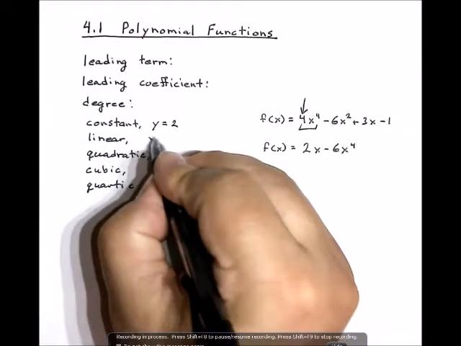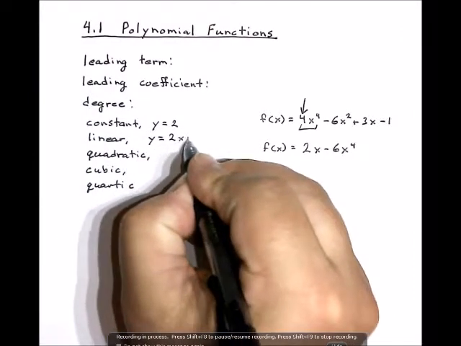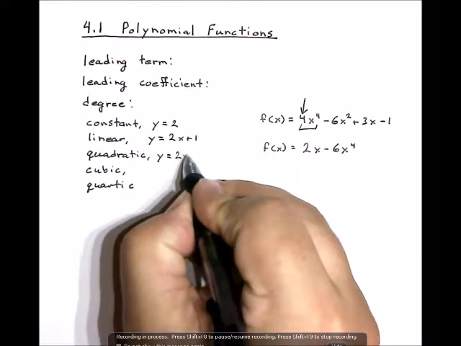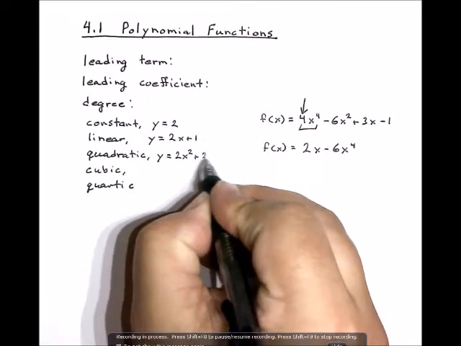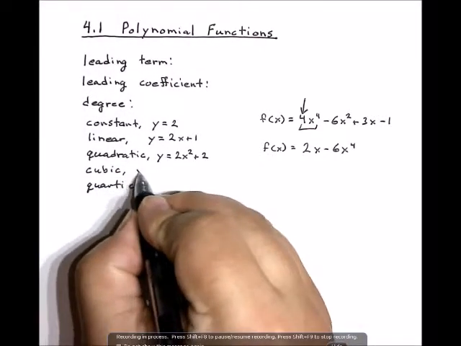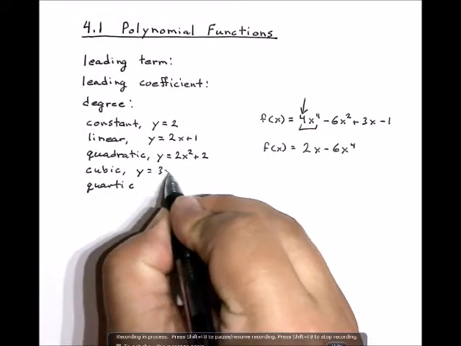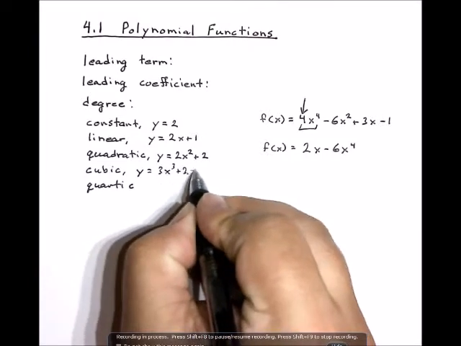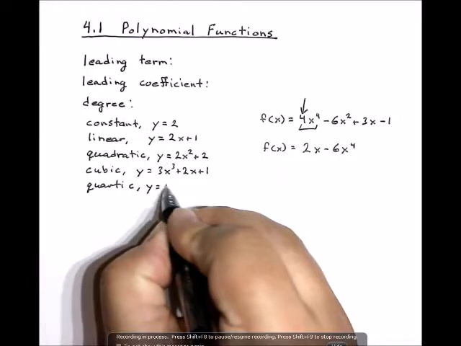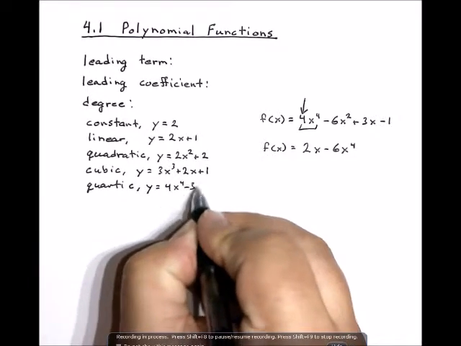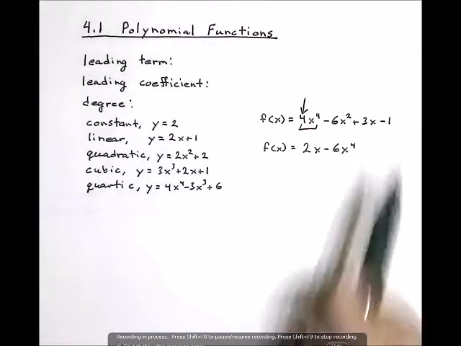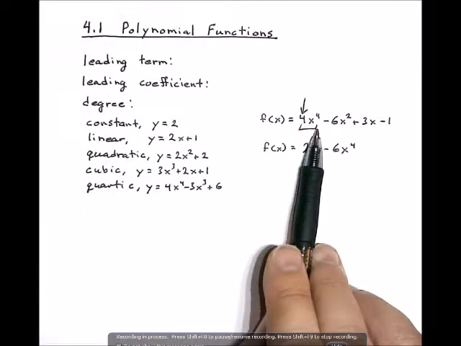Linear, the exponent is 1. Quadratic, exponent is 2, or degree is 2. Cubic, degree is 3. And quartic, degree is 4. So this particular polynomial would be a quartic.